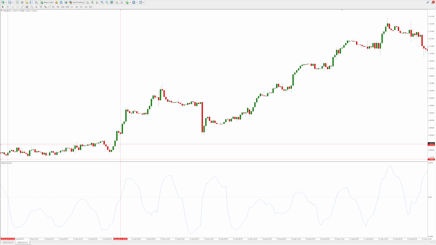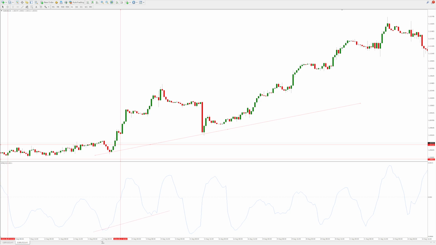And as we can see, when this trend happened here, the ATR went above this level. You don't necessarily have to use that level. You can just look at the indicator and see it going upwards, upwards, upwards. There's increased volatility.